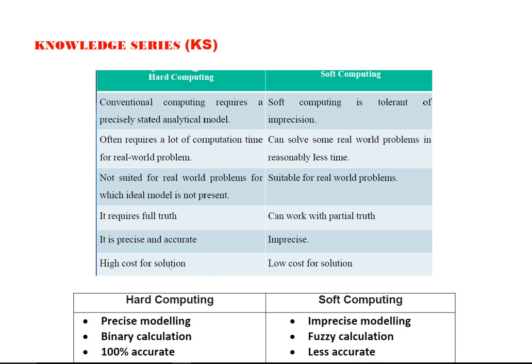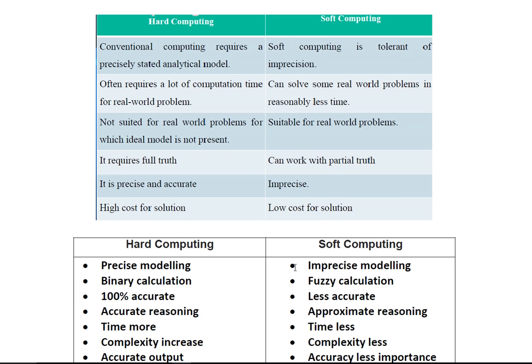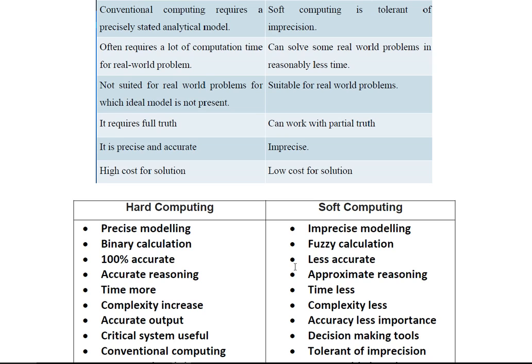In hard computing the cost is high, and in soft computing the cost of the solution is low. The same thing I have put across in this particular comparison. In the first case, it deals with precise modeling for analysis. And in soft computing, it goes for imprecise modeling for the analysis.